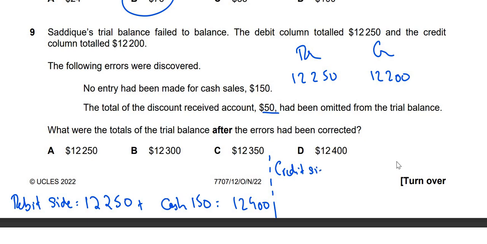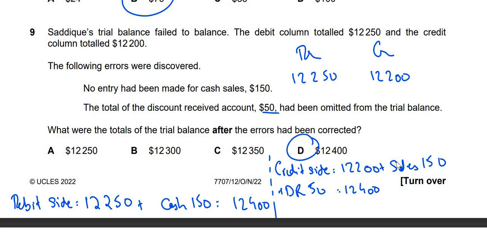Credit side is going to be 12,200 plus sales 150 plus discount received 50. So it's 12,400. So after errors are corrected, both sides of the trial balance would be 12,400.